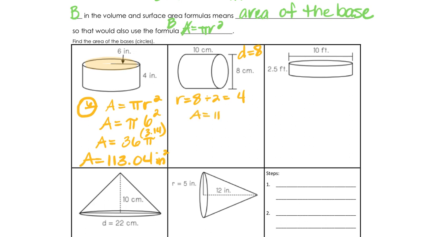Area equals pi times radius squared. Area equals pi times 4 squared. Area equals, I'm going to go ahead and go to 3.14 times 4 squared. So our area for this particular cylinder would be 50.24 centimeters squared.